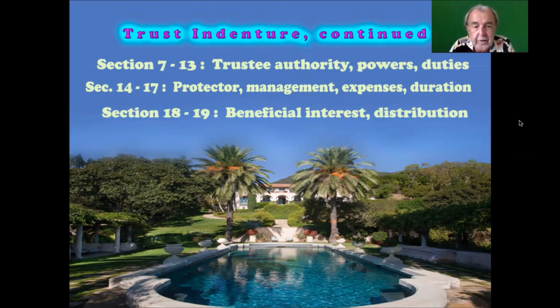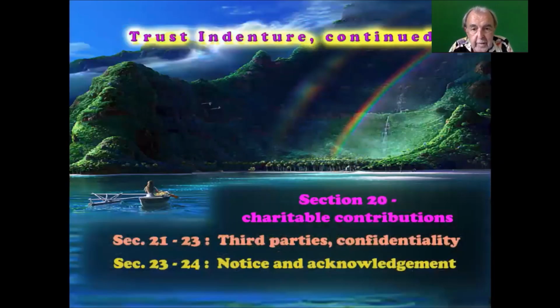Charitable contributions, section 20. The trust by law is able to, whether it's in the system or out of the system, give any amount at any time to any charity. And that's the good thing about the trust.